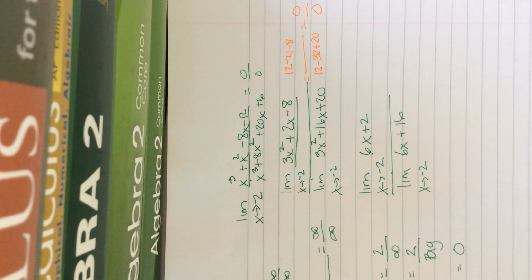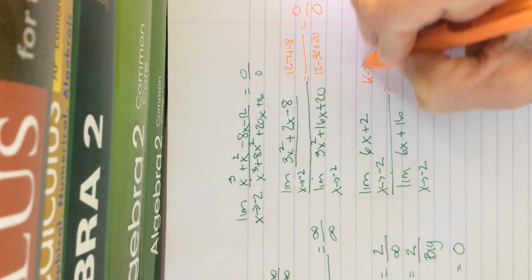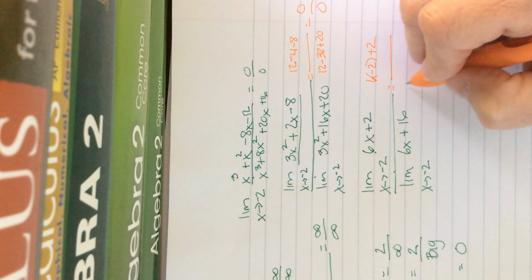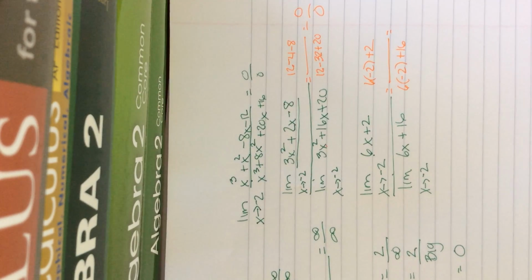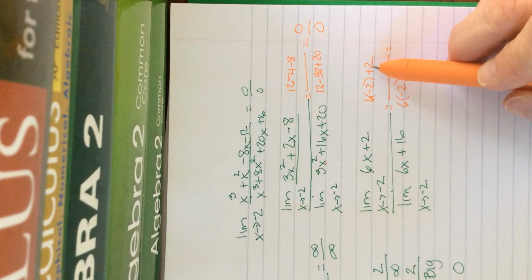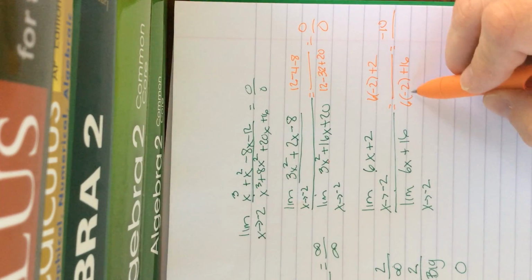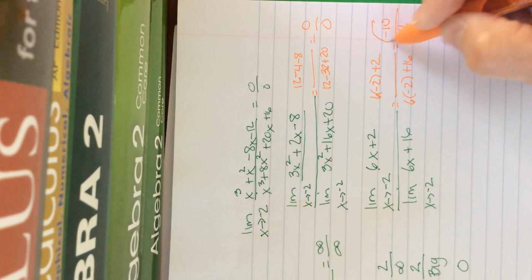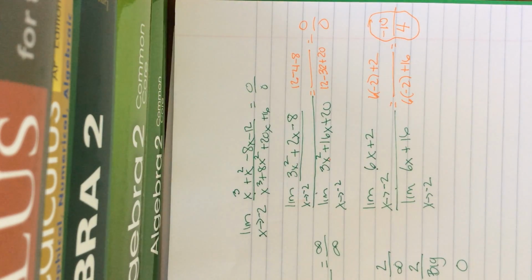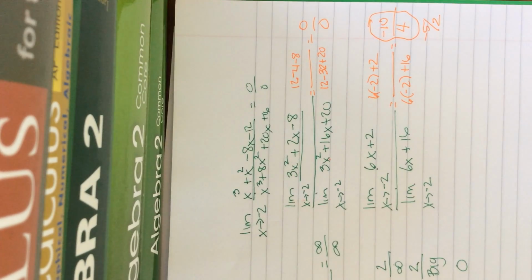Now let's see if we can substitute negative 2. So we have 6 times negative 2 plus 2 over 6 times negative 2 plus 16, and I'm feeling really good about this. So this is negative 12 plus 2 is negative 10, and negative 12 plus 16 is 4. So there's your limit in reduced form. That would be negative 5 over 2.